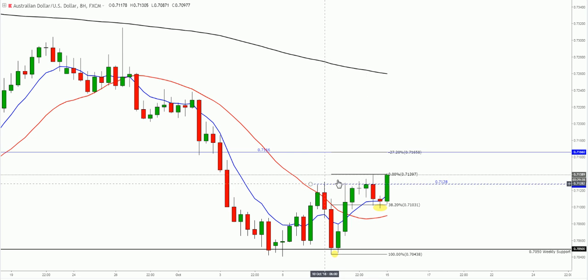As you can see, price was struggling here. However, after failing to break the exponential moving average support, forming a spinning top candle, we appear to be forming a morning star formation here on the 8 hour.